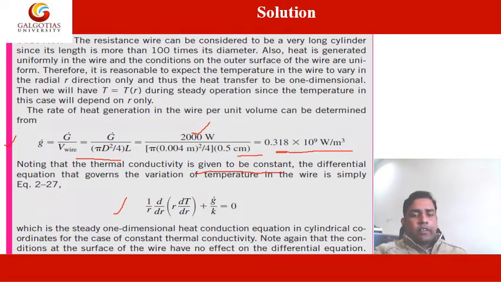For the cylindrical case, the equation is 1 upon r d over dr of r dT over dr plus the heat generated per unit volume divided by the thermal conductivity, equal to 0. Here 0 has come because we are considering the steady state condition. The solution of this equation will give us the temperature variation with respect to space.